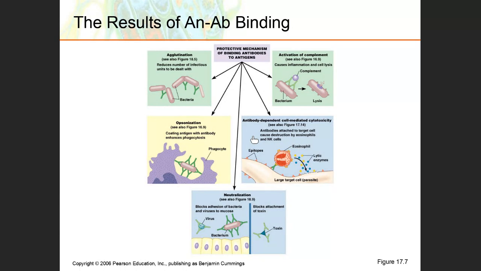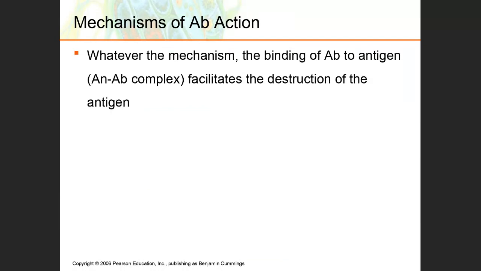They do most of the job when it comes to alerting the immune system or inhibiting or stopping pathogens. So whatever the mechanism, the binding of antibody to antigen facilitates the destruction of that antigen. So antibodies are extremely important for the normal functioning of the immune system. And that's why we make a lot of them.